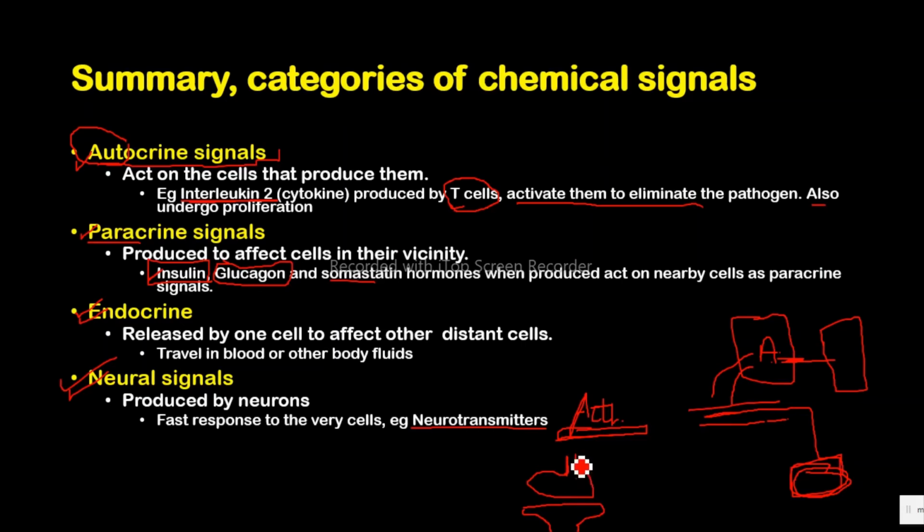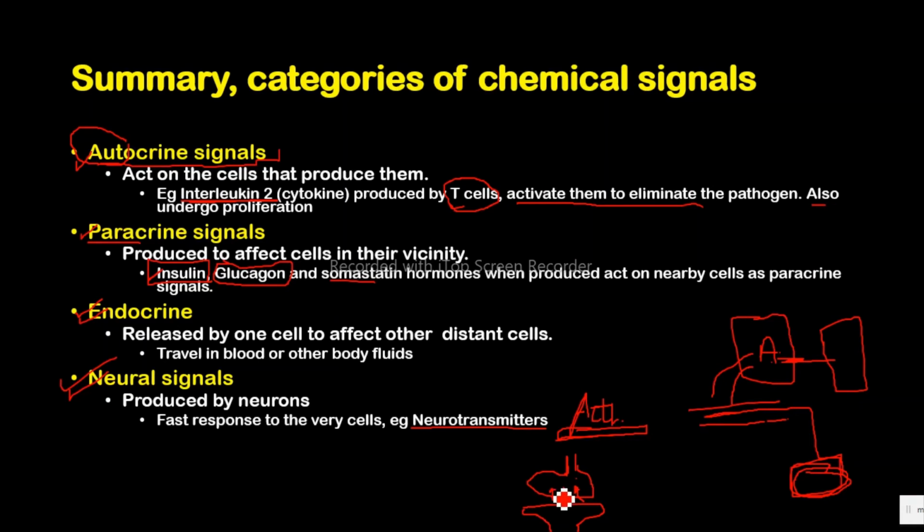So when an impulse arrives, it will open these calcium gated channels within the presynaptic knob. When you open these gated channels, there will be an influx of calcium ions into the presynaptic knob.